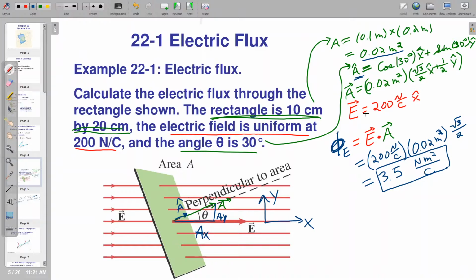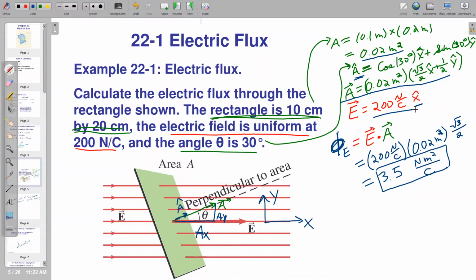So if I take the product of this overall area and the unit vector along the area vector, then I have my total area vector A. And remember, E is constant, and it's right along the x-axis.